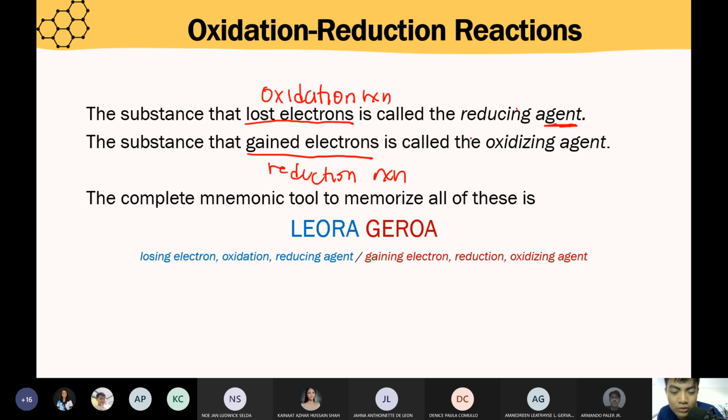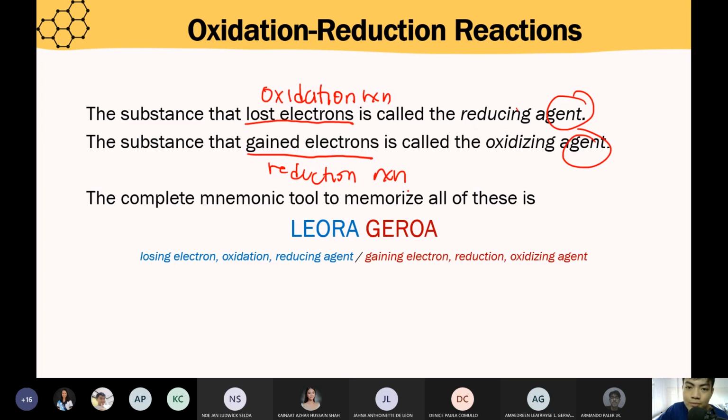Okay? So, again, yung point of view, pag may word na agent, is yung kabilang side. Sales agent, hindi ako yung bibili, ikaw bibili. Reducing agent, hindi ako yung mere-reduce, ikaw. Tutulungan lang kita. So, that's why, when we have the word agent, nagiging baliktad yung terms.